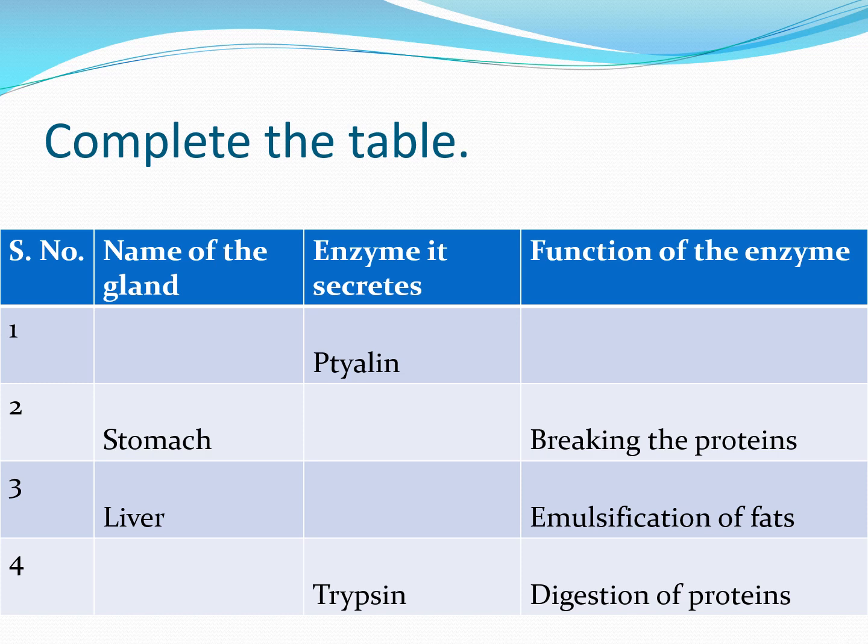We know ptyalin is also called salivary amylase. So salivary amylase is produced by salivary glands. So under name of the gland, we should write salivary gland. Salivary gland secretes ptyalin or salivary amylase. Then what is its function? It converts carbohydrates into dextrins and maltose.